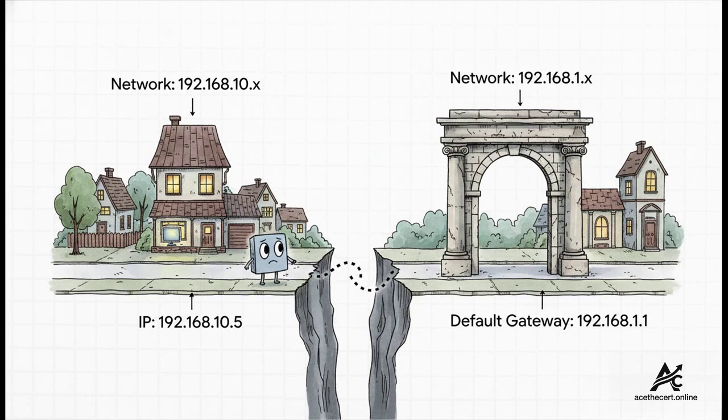That subnet mask, 255.255.255.0, is what tells the computer that its street name is the first three numbers. So our computer is on 192.168.10 street, but its door to the internet is all the way over on 192.168.1 street. It's like living at 123 Main Street, but your mailbox is on Elm Street. Nothing's ever going to get through.